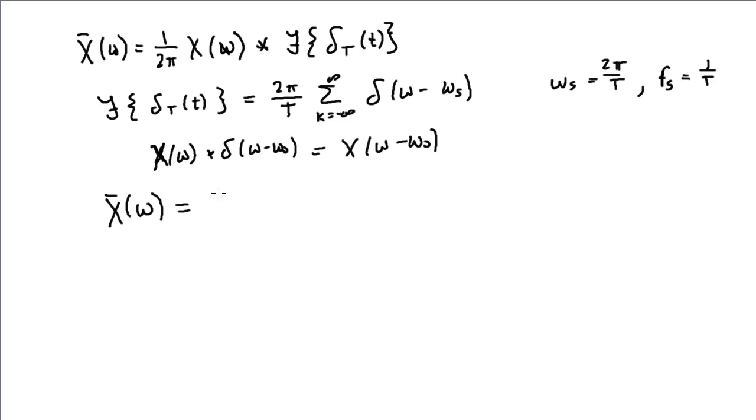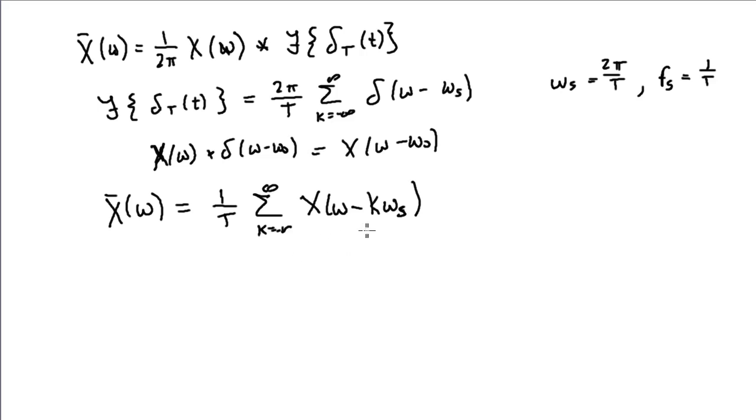That's going to be equal to, the 1 over 2 pi cancels out the 2 pi here, 1 over T times the sum, k equals minus infinity to infinity, of X of omega minus k omega s.